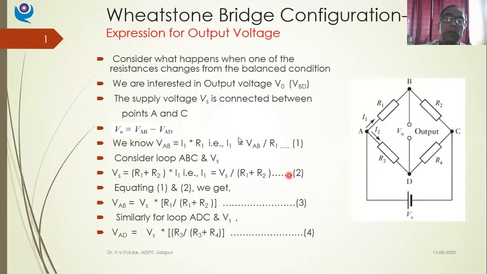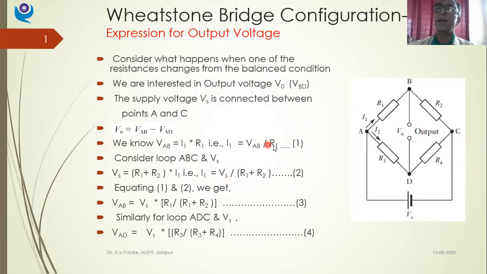Now both equations 1 and 2 correspond to I1, so we can equate these two equations and solve for VAB. After equating, VAB upon R1 is equal to Vs upon R1 plus R2.